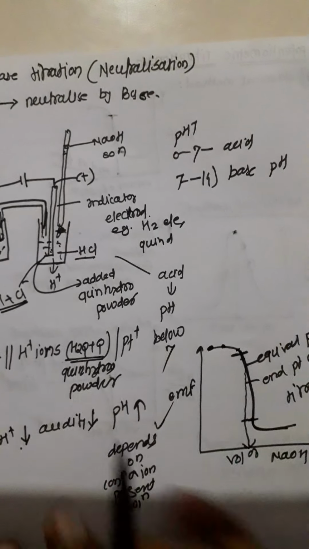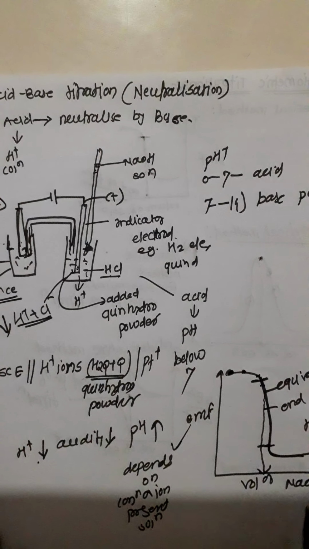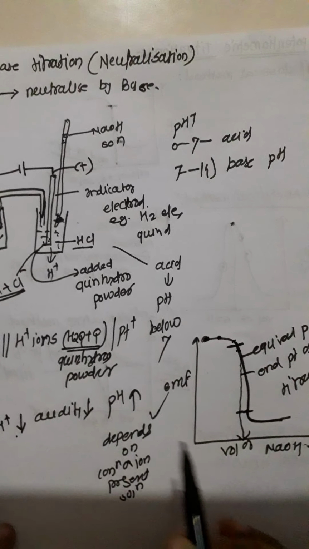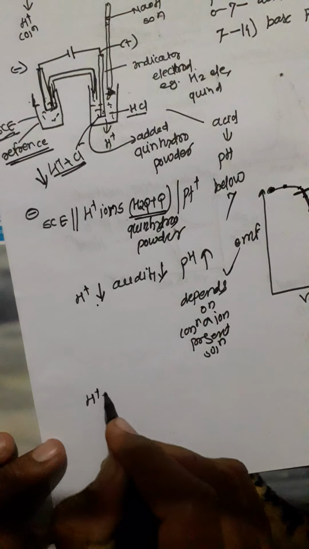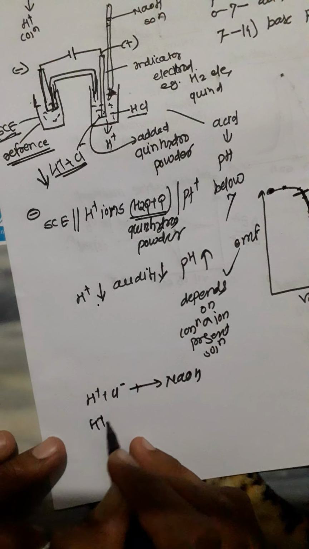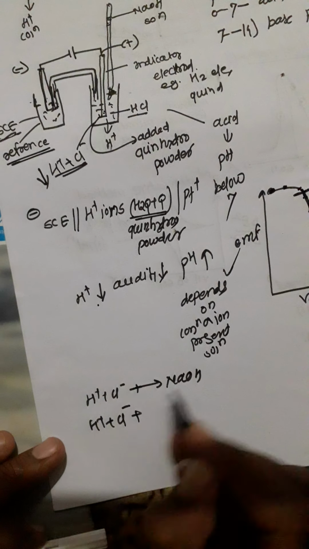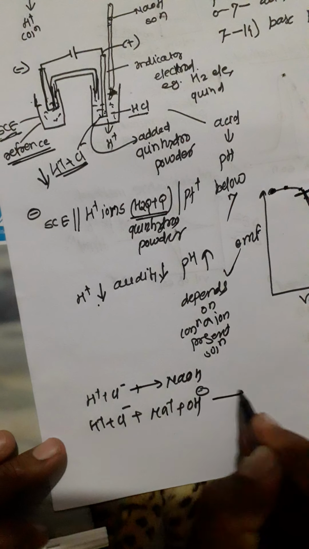That's why initially, without addition of any base, EMF is more. When NaOH is added, H plus ions decrease. For example, H plus plus Cl minus, when NaOH is added, plus Na plus OH minus.